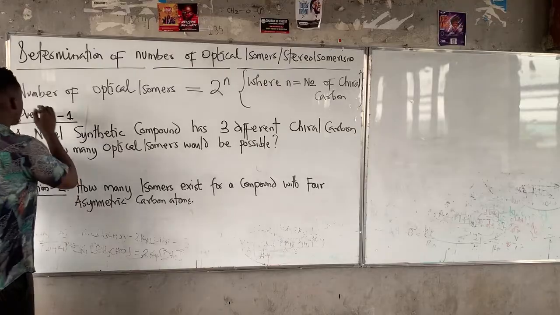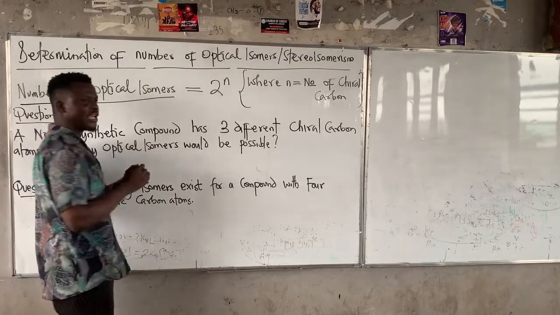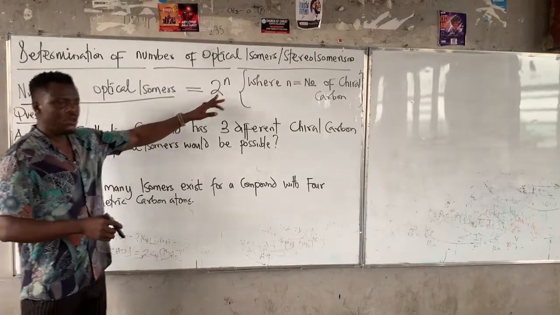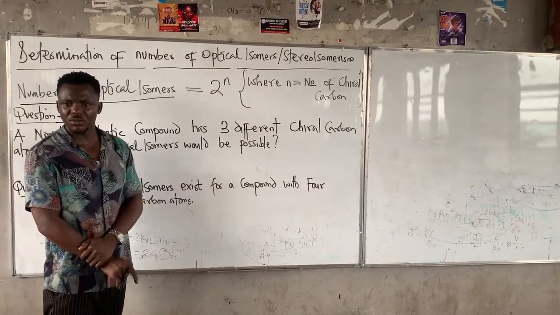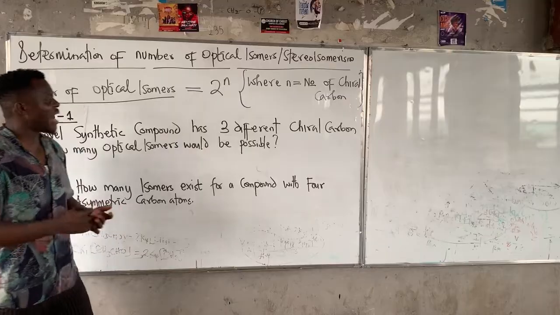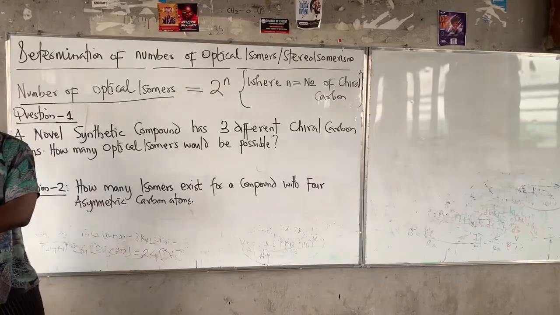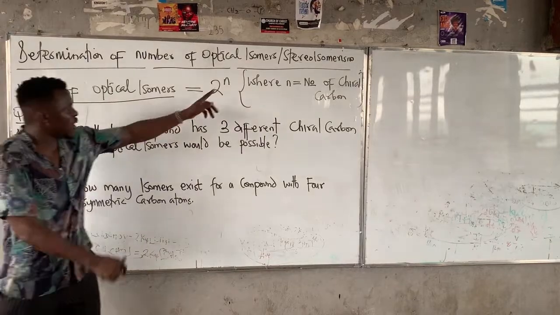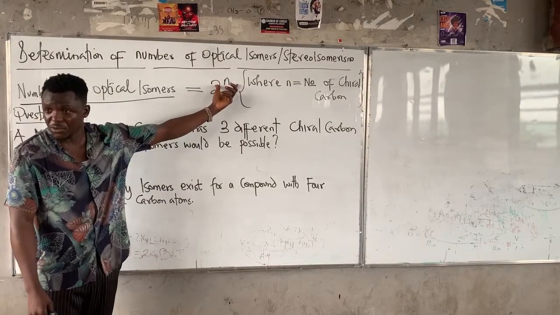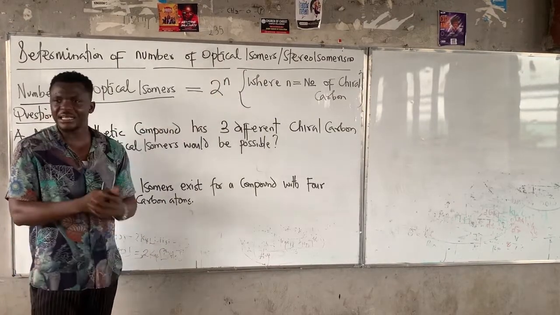So if you want to solve for the number of optical isomers, you use the formula 2 raised to the power of n, where n is the number of chiral carbons. If you are asked to find the number of optical isomers present in a compound, all you need to do is check the number of chiral carbons present, and then insert it here.